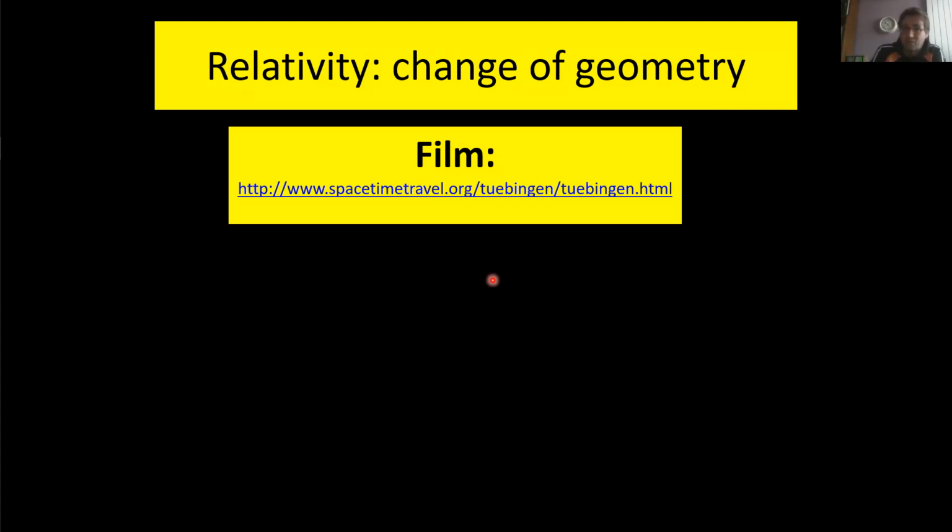The speed of light is a constant. It doesn't matter in which reference frame you are, a moving one or a resting one, the speed of light is the same. And with this, you can now make the transformation formula.